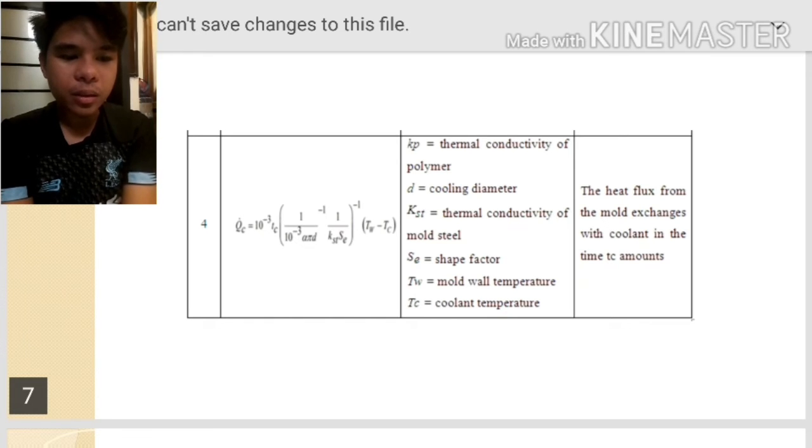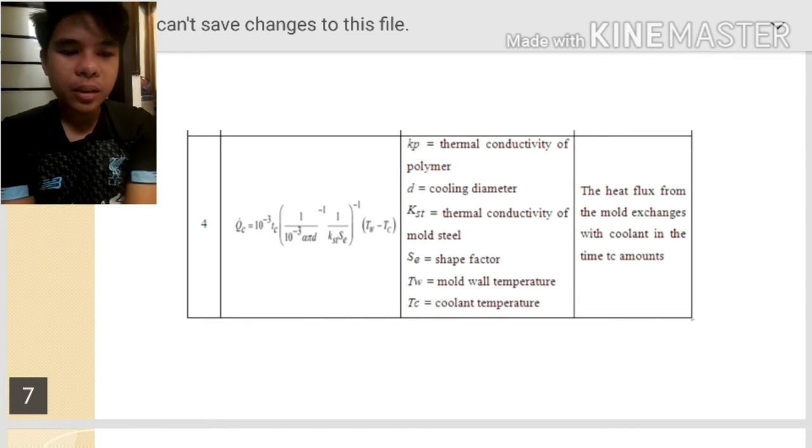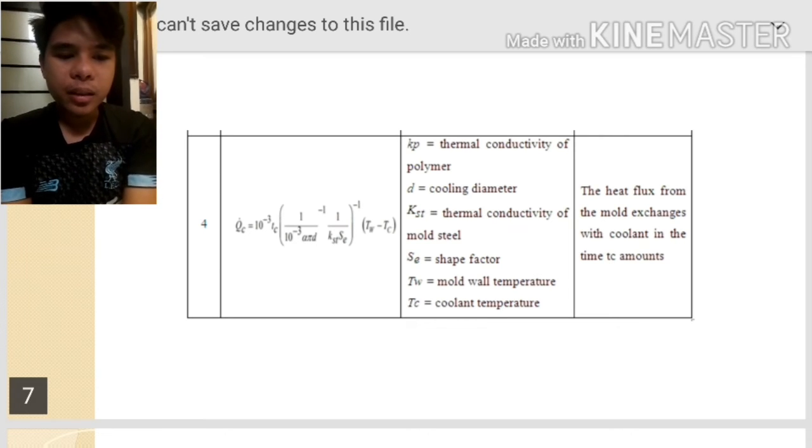The whole thing is to the power negative 1, and then times Tw minus Tc. So the meaning is that Kp is the thermal conductivity of polymer, D is the cooling diameter, Kst is the thermal conductivity of mold steel, Se is the shape factor, Tw is the mold wall temperature, and Tc is the coolant temperature.